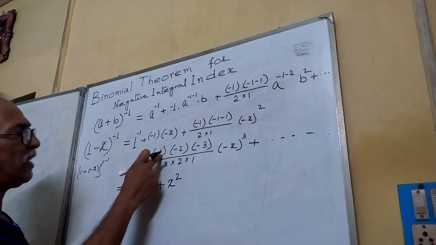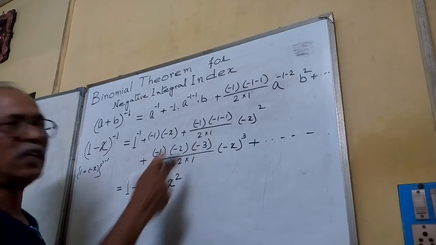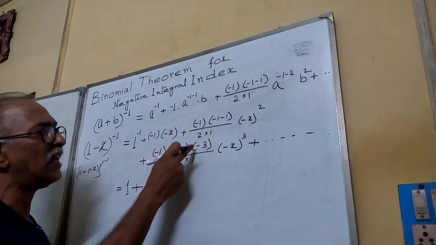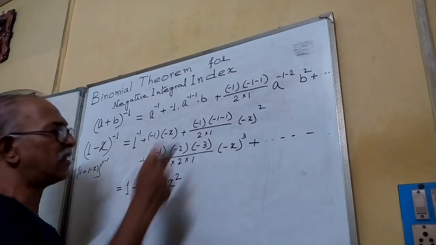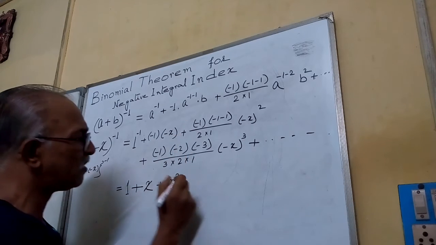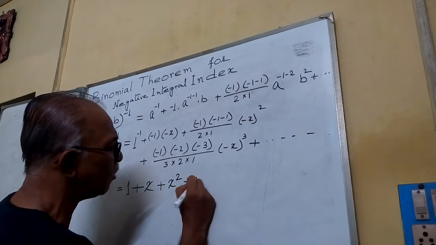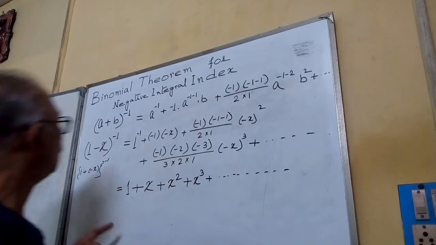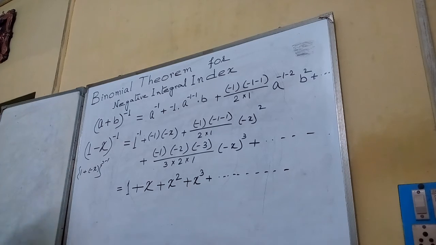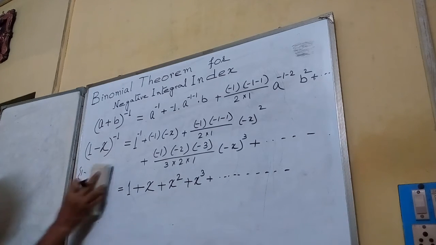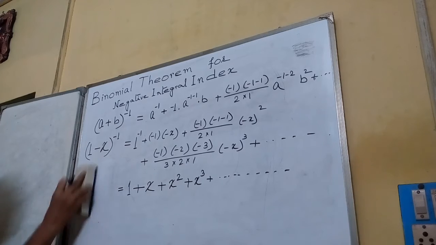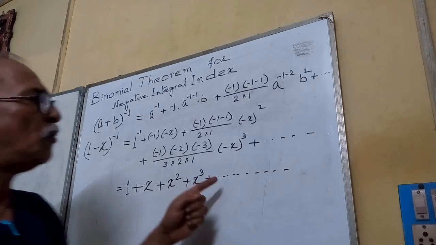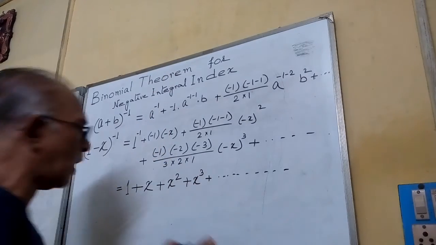Here for the third term, minus into minus into minus makes it negative. 3 into 2 into 1 is cancelling, but here is minus, and here is minus x cube. So minus of minus x cube is plus x cube. And in this way, this will continue. So onwards we have to remember 1 minus x whole to the power minus 1 is 1 plus x plus x square plus x cube up to infinite number of terms.